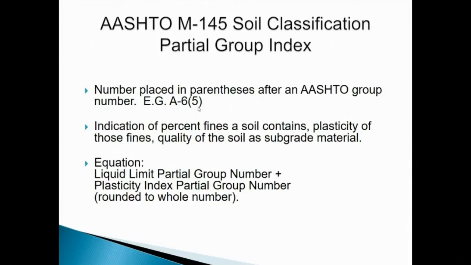What that number is, it's an indication of the percent fines a soil contains, the plasticity of those fines, and the quality of the soil as a subgrade material. To determine the partial group index, there are equations that you use. The liquid limit partial group number is going to be determined. The plasticity index partial group number is going to be determined. Those two values will be added together and rounded to a whole number to get your partial group index.